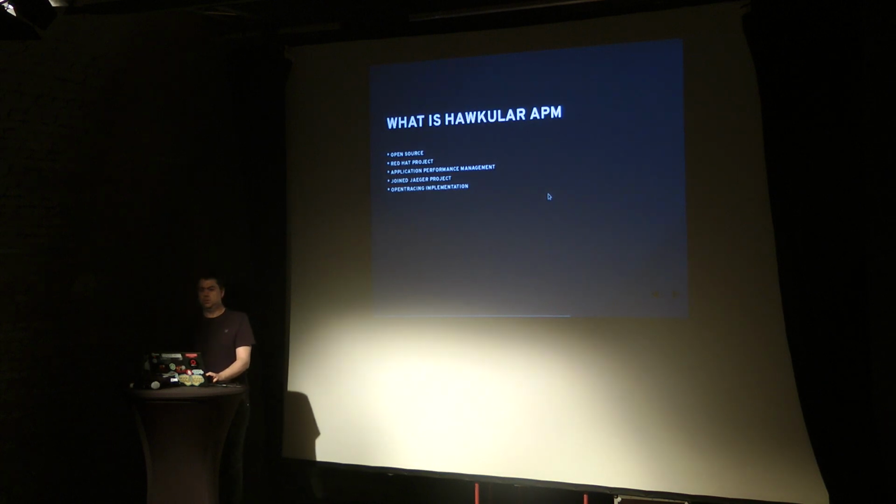Some months ago, we decided to refactor our core, our backend, and we found out that Uber has decided to open source their backend. And when comparing what they had with what we wanted to do, we saw a match. So we decided to join the Jaeger project and port some of the features from Hopper APM into Jaeger.